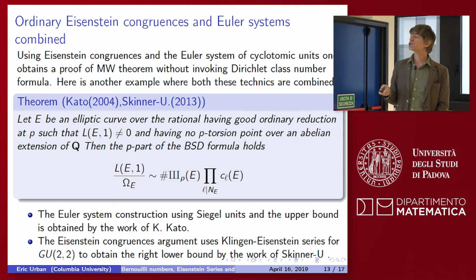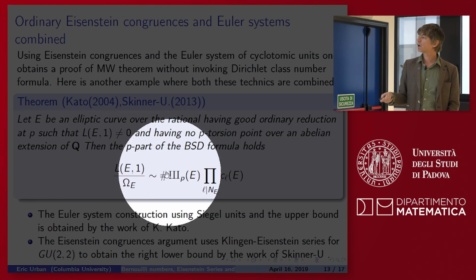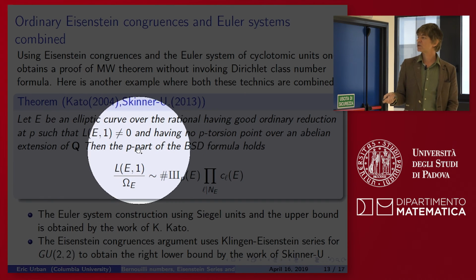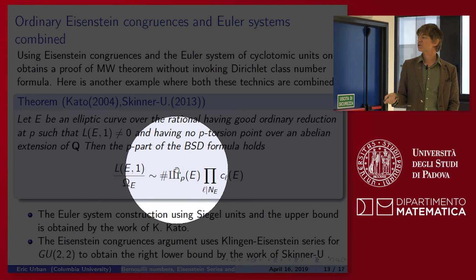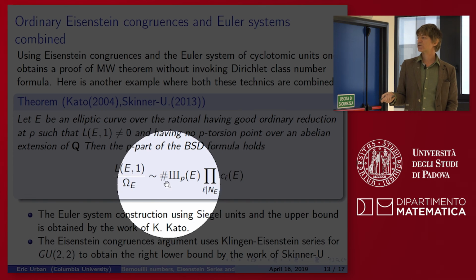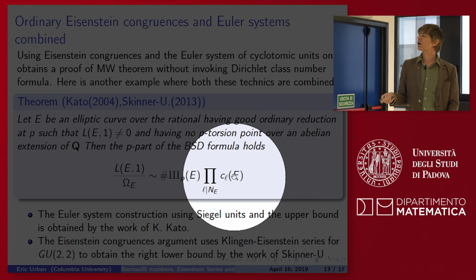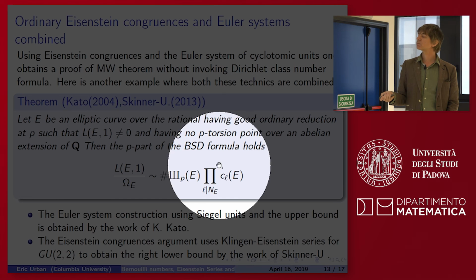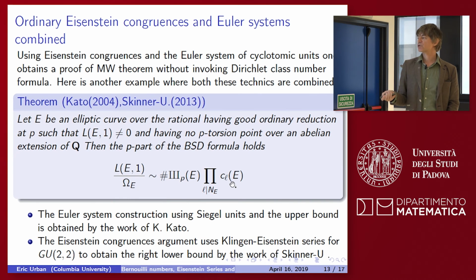But from this, you can show that the p part of the BSD formula holds, which means that if you take the L value divided by the Néron-Tate period of the elliptic curve, then up to a p-adic unit, this is the size of the p part of the Tate-Shafarevich group, times some Tamagawa numbers for the primes dividing the conductor of the elliptic curve. Those numbers just give information about the ramification at those primes.